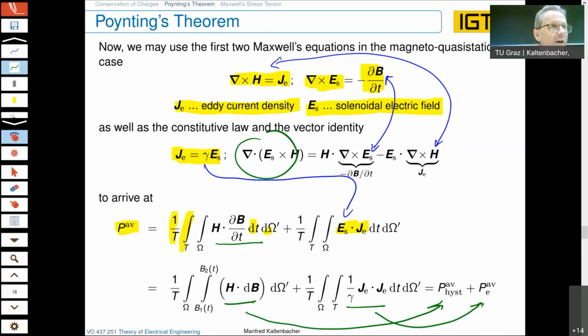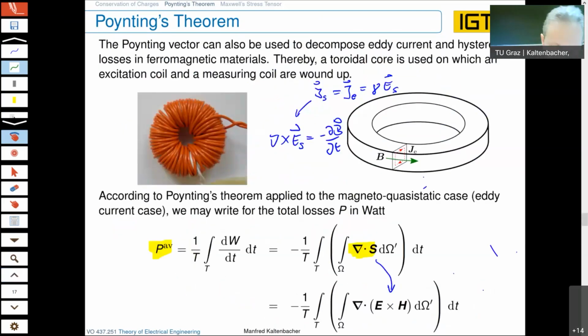This part here is the total hysteresis losses, and this part here gives you the eddy current losses. So you see that even with this Poynting theorem, we could write explicitly down for this setup where we investigate the losses in such a ferromagnetic core, where we also have a conductivity and clearly hysteresis behavior. We can describe this by the Poynting vector, where we have used the volume integral instead of the surface integral, and therefore we had to take the divergence of the Poynting vector.